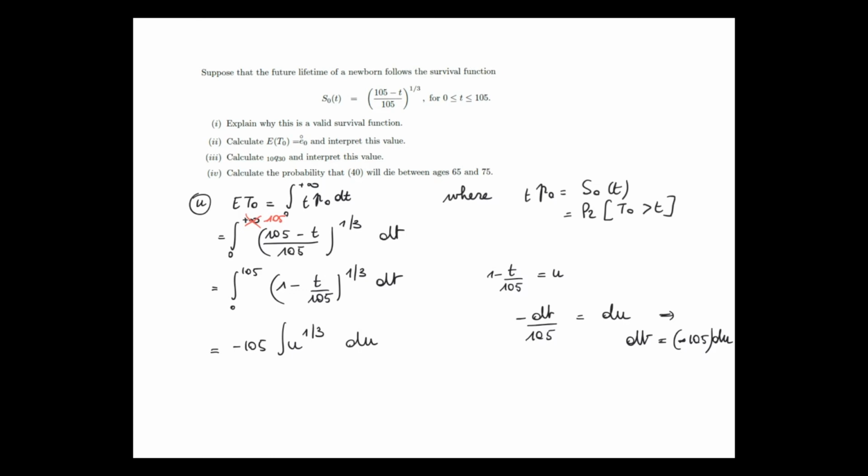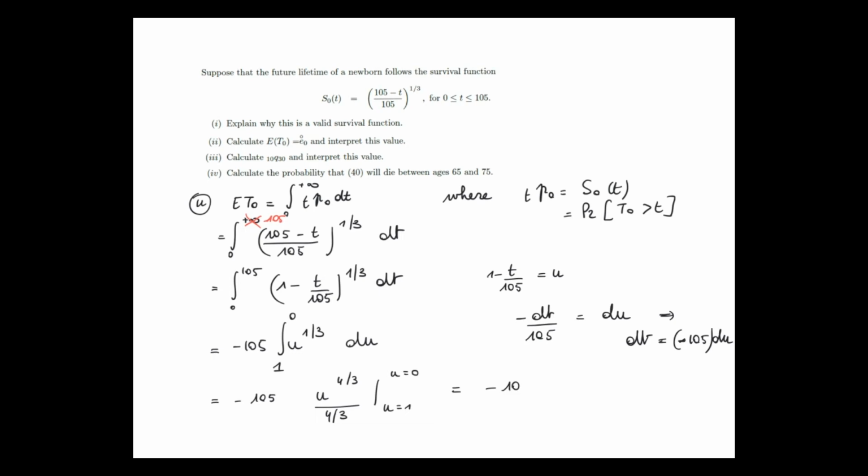So if the t starts from 0, then the u starts from 1. And if the t is equal to 105, then the u is equal to 0. All right, so that's the expression that I get. And if I work out the whole thing, I'll get minus 105 times u to the power 4/3 divided by 4 divided by 3, between u is 1 and u is 0.